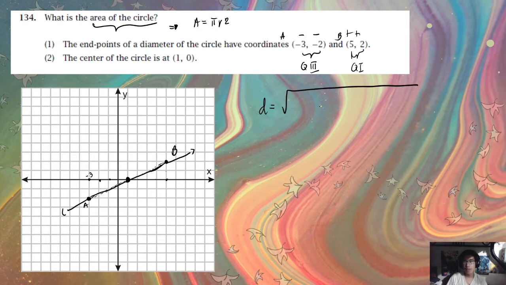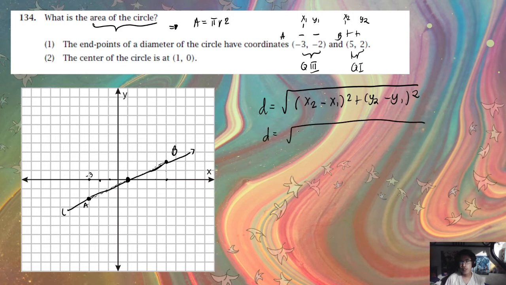That's given by the square root of (x sub 2 minus x sub 1) squared plus (y sub 2 minus y sub 1) squared. For this problem, this is our x sub 1, this is our x sub 2, this is our y sub 1, and this is our y sub 2. So we're solving for the value of the distance, d.